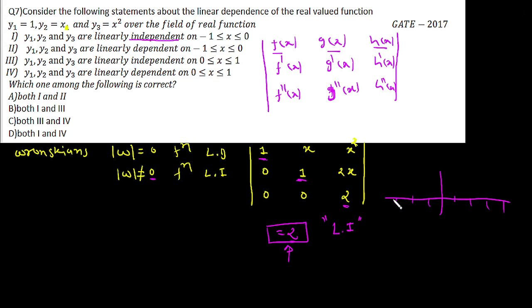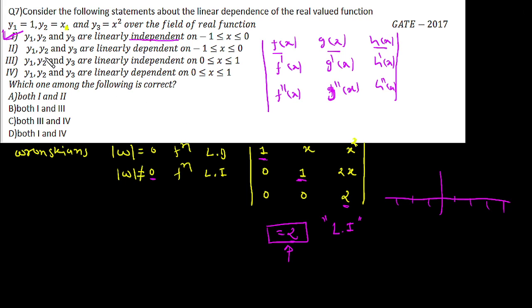So these three functions are independent of each other on the whole real line. So statement 1 is true, because even if the interval is not given and it is simply given on the whole real line, we can still say the statement is true.